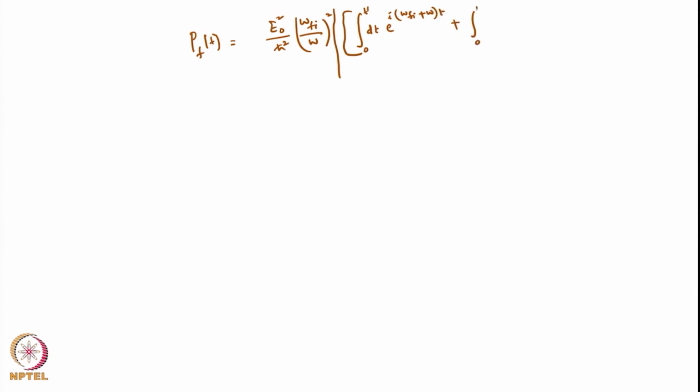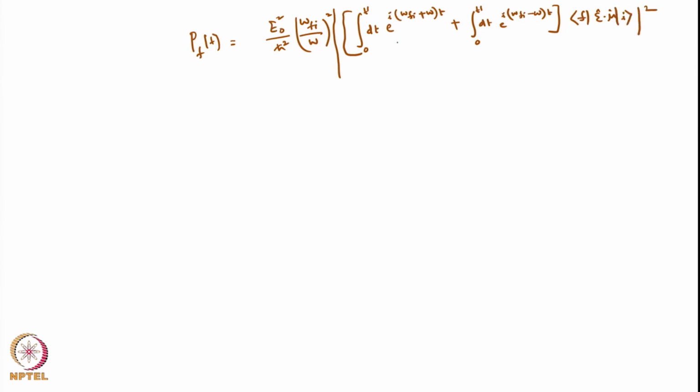Continuing, what you will have is P f of t equal to E naught square by h bar square, omega fi by omega whole square, modulus of integral dt 0 to t prime e to the power of i omega fi plus omega t, plus integral 0 to t prime dt e to the power of i omega fi minus omega t, integral f E dot mu i whole square.